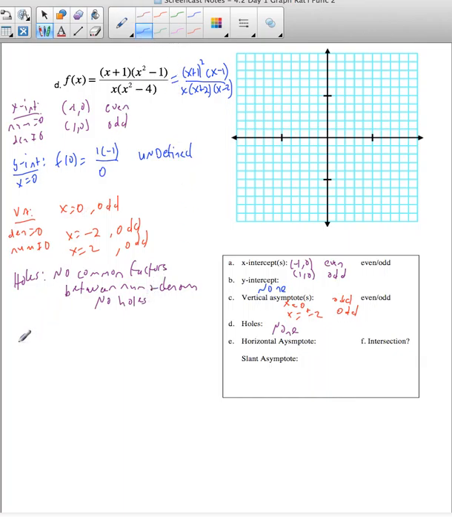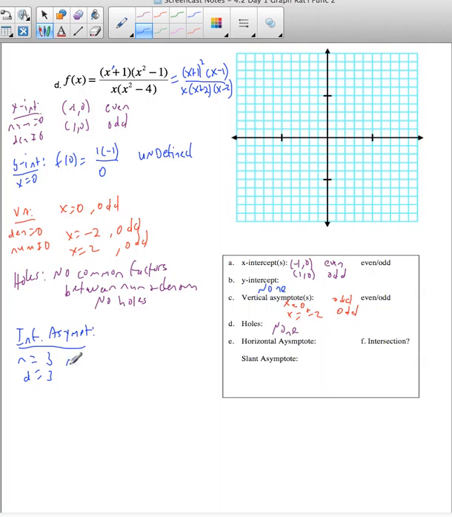Now we'll talk about the infinite asymptotes, or the end behavior. To determine what type we have, we're going to look at the degree of the numerator and the degree of the denominator. This is in factored form, so we need to add the exponents. So the degree of the numerator is actually 1 plus 2, which is 3. And the degree of the denominator is 1 plus 2, which is 3.